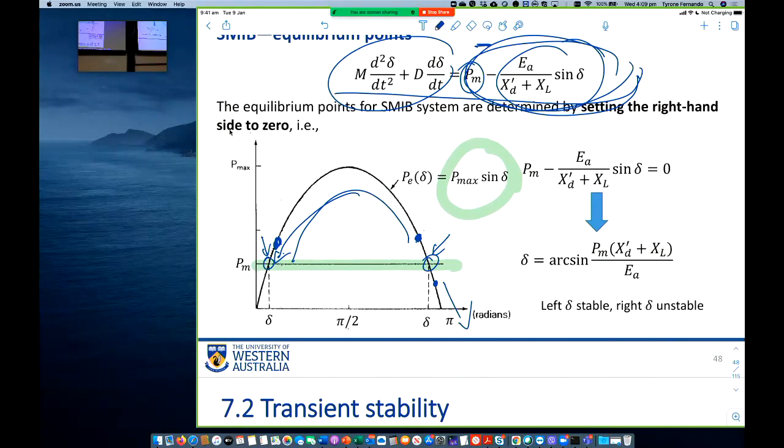Delta is the angle of that E, the internal voltage, and delta is also linked to the rotor angle. The speed or rotor angle omega m must equal omega t plus delta.